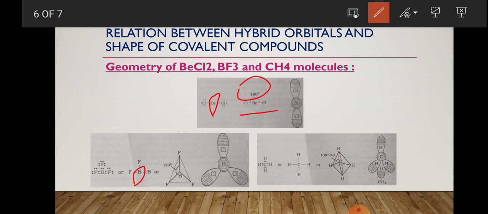Then the molecular shape becomes triangular planar. Here sp2 hybridization occurs at the central atom, then the bond angle becomes 120 degrees.